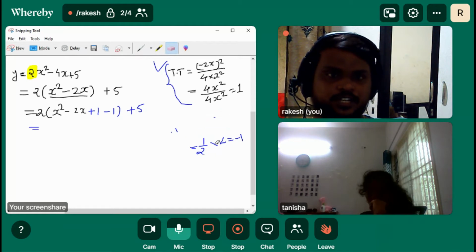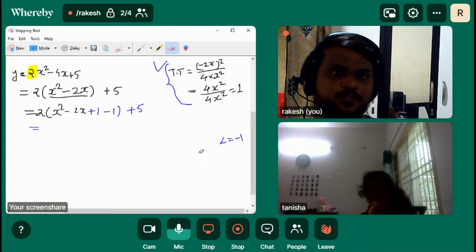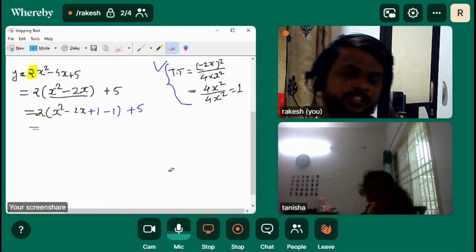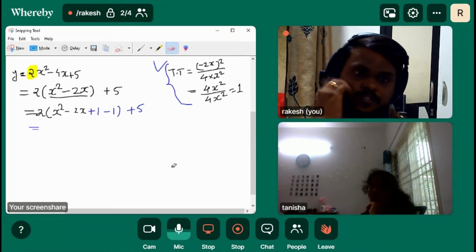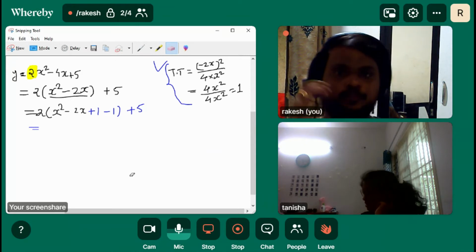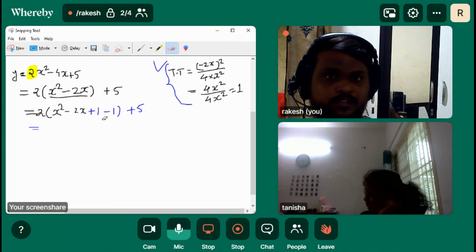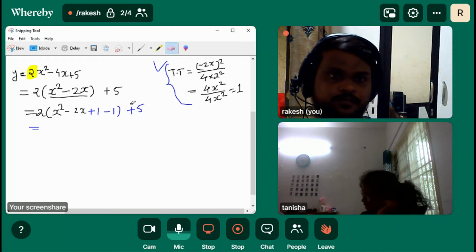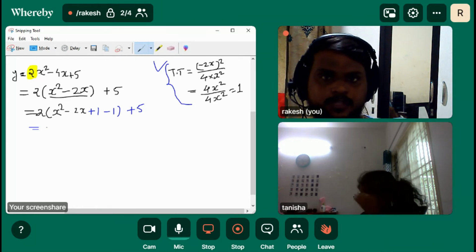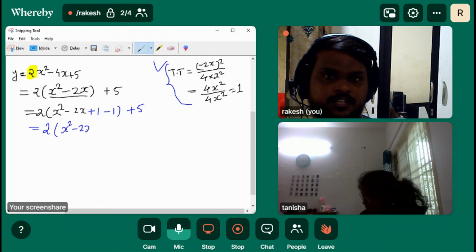So actually you can learn any formula. This is the formula which I propose, that is the general formula that works for any coefficient of x square. Okay, so never mind. You will get 1, right, as a third term. So 2 bracket x square minus 2x plus 1.